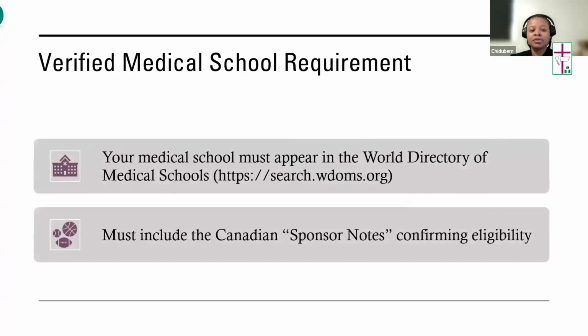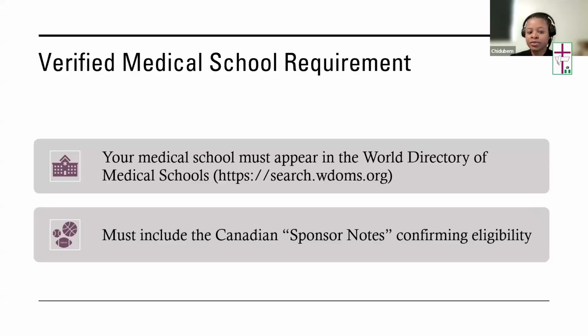Another thing to note about the verification is ensuring that your medical school appears on the World Directory of Medical Schools. You can just search that on Google, put in the country and your school, and ensure that your medical school appears there, because they need to ensure that your school is listed.